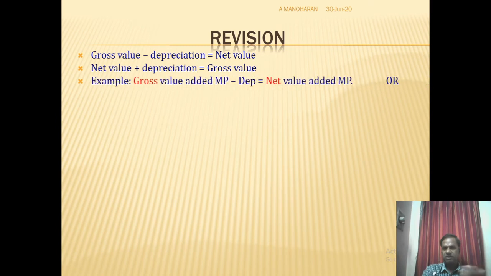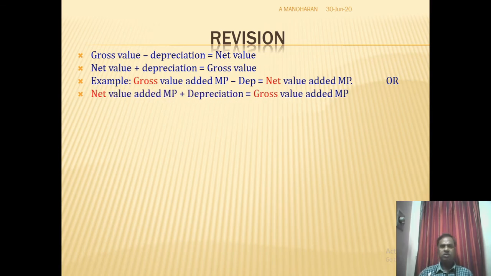Say for example, gross value added at market price minus depreciation is equal to net value added market price, or net value added market price plus depreciation is gross value added market price.